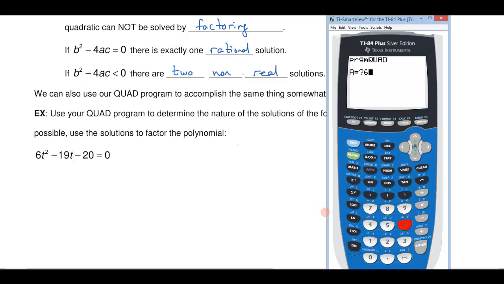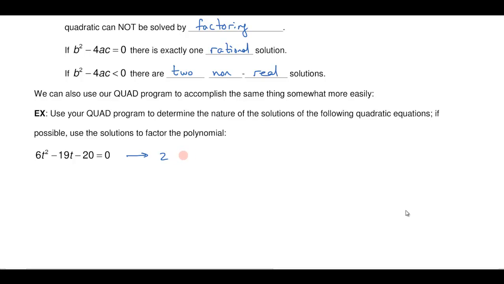A would be 6, B would be negative 19, and C would be negative 20. And I see that I get nice rational numbers, nice numbers without a bunch of nasty decimals in it, so that is going to be two rational solutions. That would tell me that the discriminant was a perfect square, but more importantly it would tell me that this is factorable.